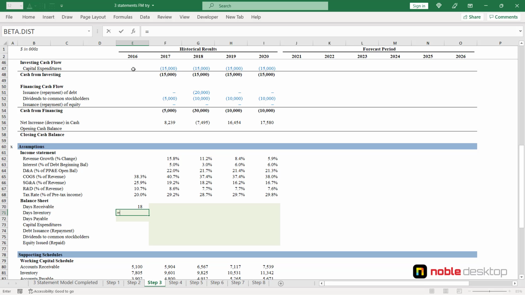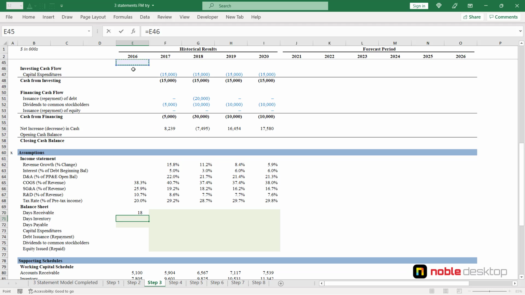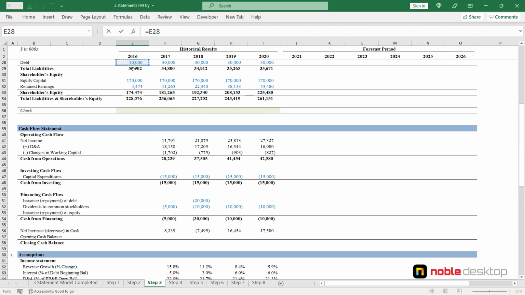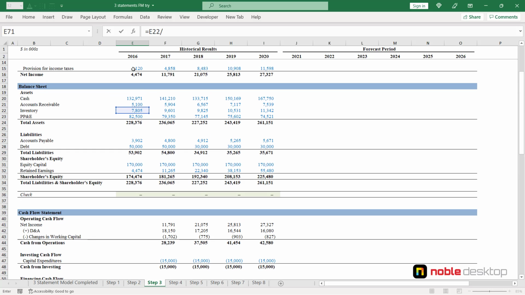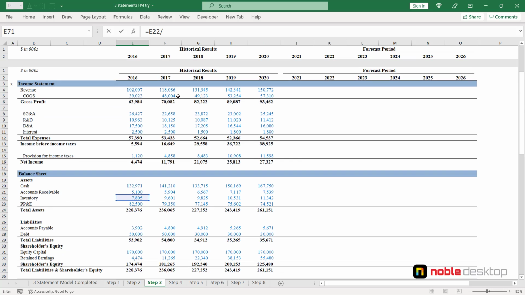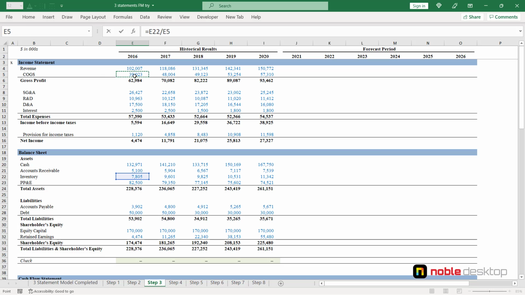Let's go ahead and calculate days inventory. Same logic. I'm going to find my inventory in the balance sheet in the row 22, divided by my COGS in the income statement and multiplied by 365.